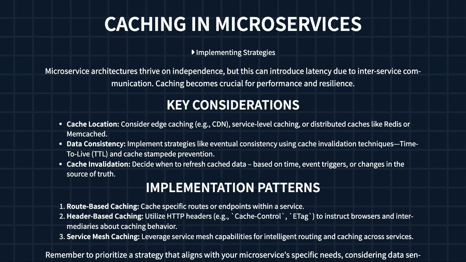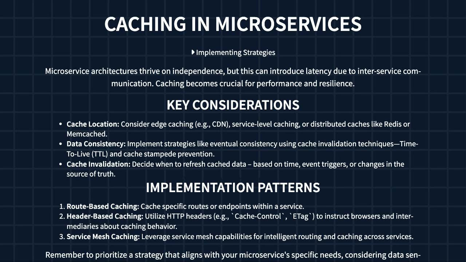Okay, let's talk about caching in the context of microservices. Microservices are fantastic for flexibility, but sometimes all those calls between services can add up to noticeable latency. That's where caching comes in. We need to think carefully about where to cache data: maybe at the edge with a CDN, within a specific service, or using a distributed cache like Redis.